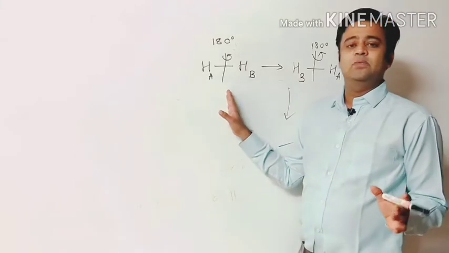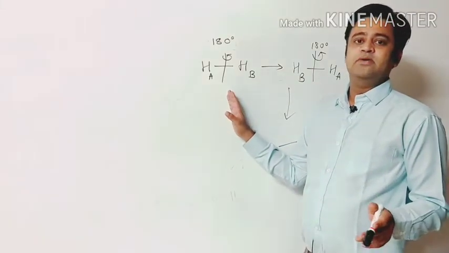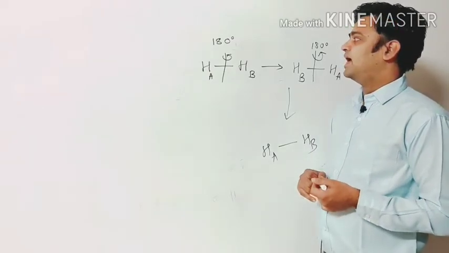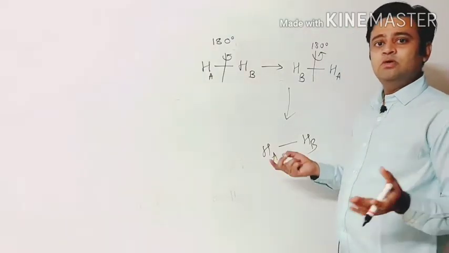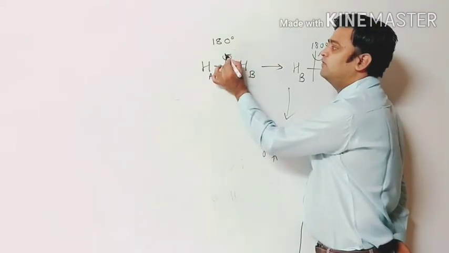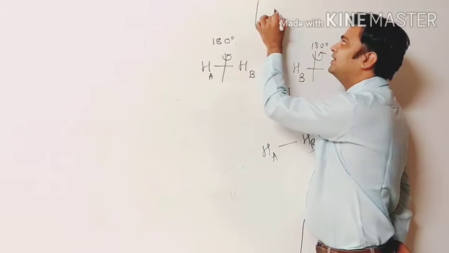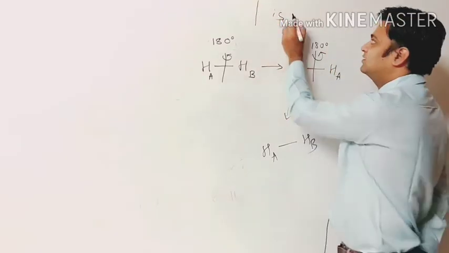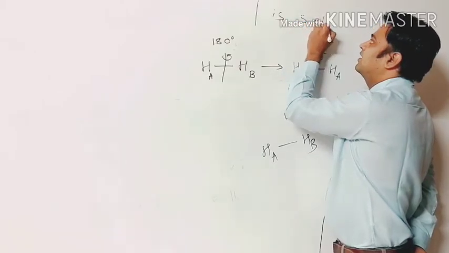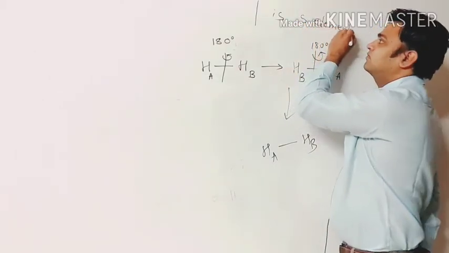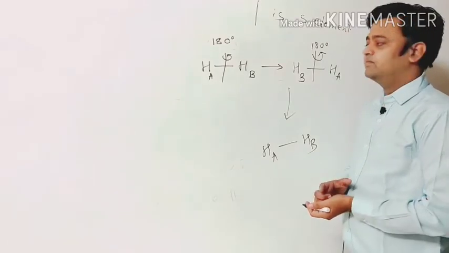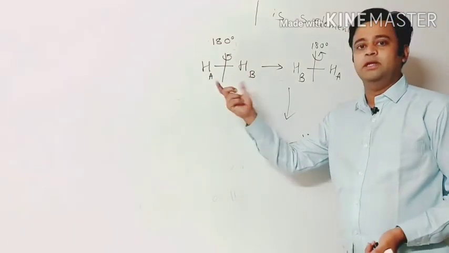Then we can easily elaborate two terms: symmetry element and symmetry operation. What is the symmetry element? What have we used to perform the symmetry operation? We have used a line. Therefore the line, the axis of rotation, is the symmetry element. What type of operation did we do? We rotated the molecule.